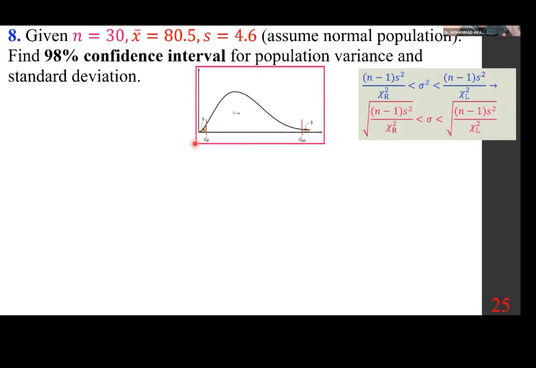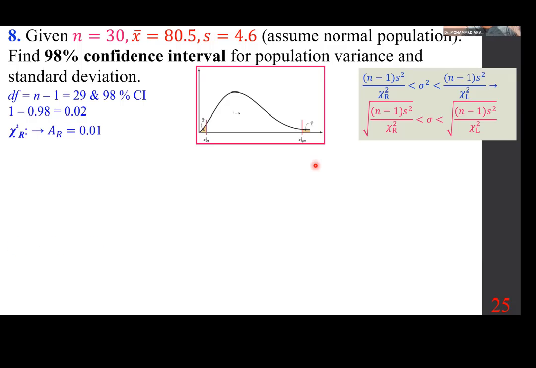So degrees of freedom is n minus 1, or 29, and 98% confidence interval gives us alpha of 0.02. And in the case of chi-squared of the right, area to the right is 0.01, so we write this.